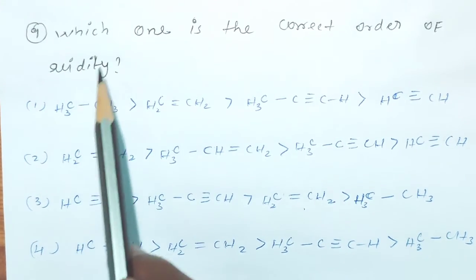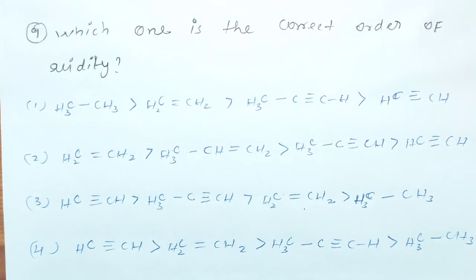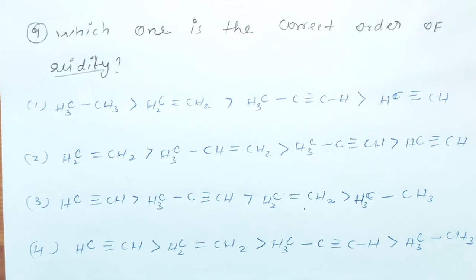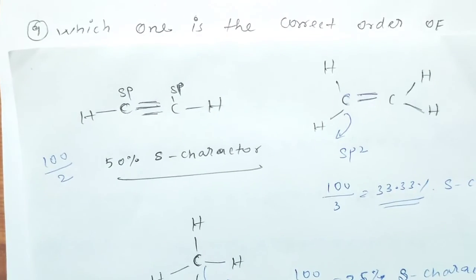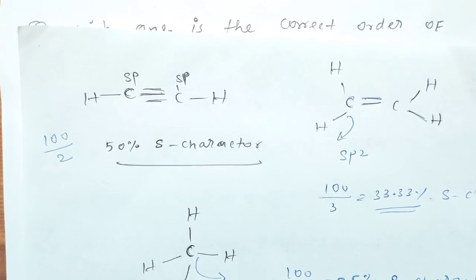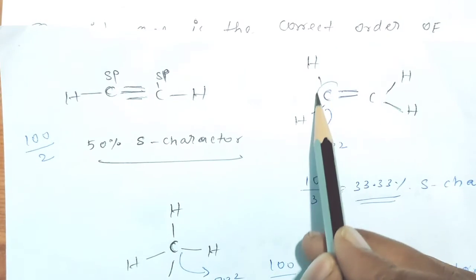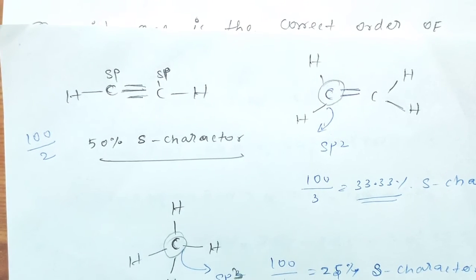Ninth question: which one is the correct order of acidity? Here four options are given. So you see, a triple bond means that carbon is an sp carbon. A double bond means that carbon is an sp2 carbon. A single bond carbon is generally an sp3 carbon, right?